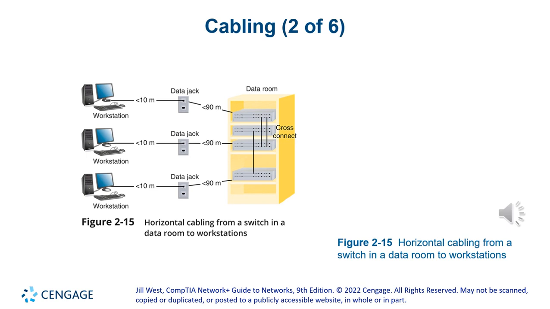Now, why 90 and 10? There's a limitation on Ethernet for 10 megs, 100 megs, and even for 1 gig, that the limitation is 100 meters. No cable, no connection, can be more than 100 meters from end to end. From end to end, this is from the switch in that cross-connect data room to your workstation.